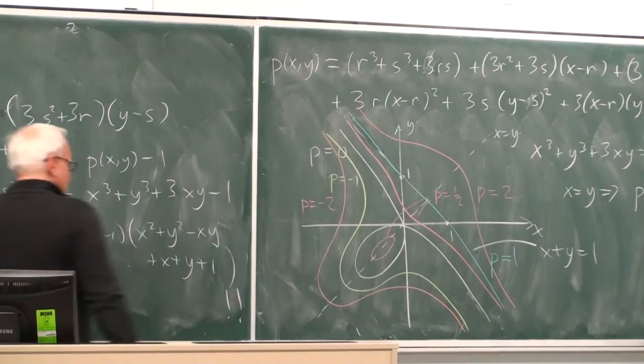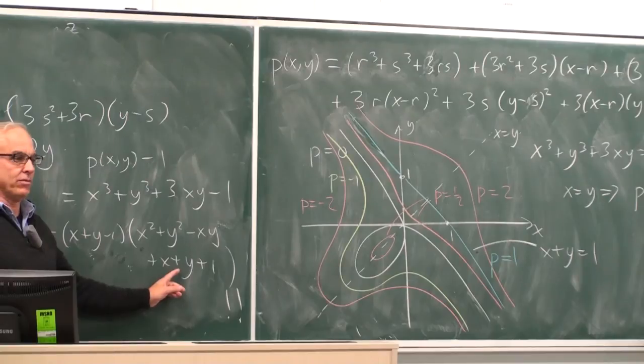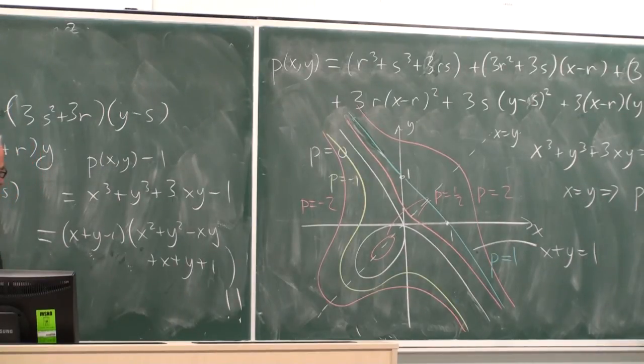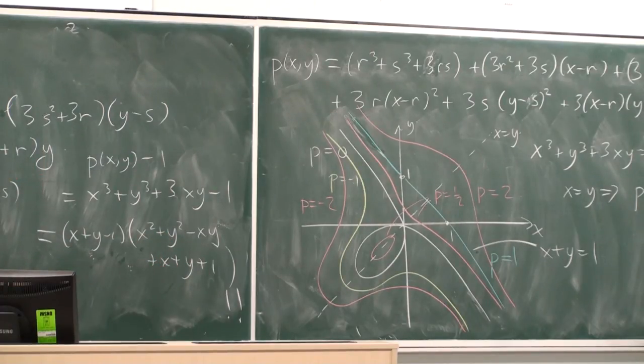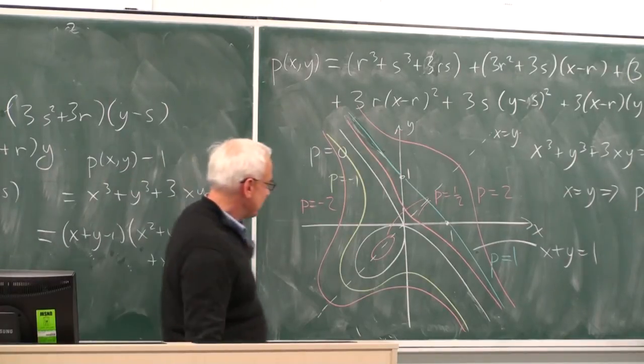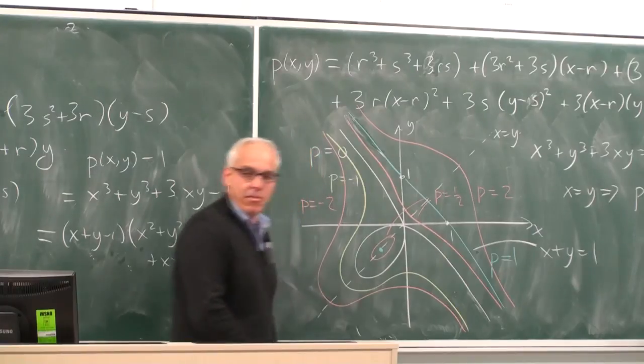It's not entirely obvious, but if you look at this quadratic and ask when could this be 0, you could look at its discriminant, and you could convince yourself that there's exactly one more point, and that's the point sitting right here at the maximum.